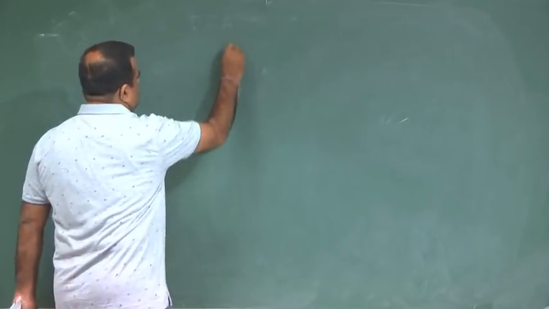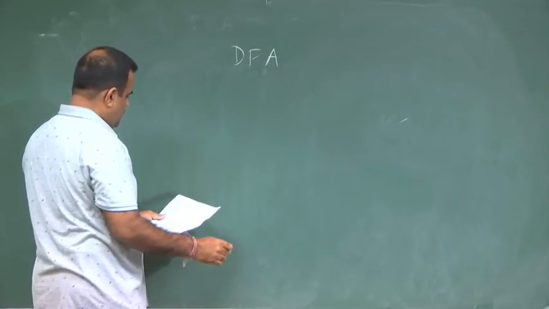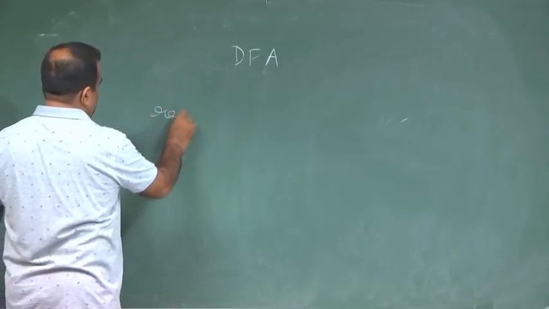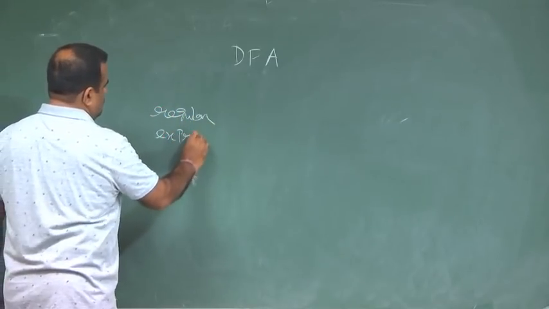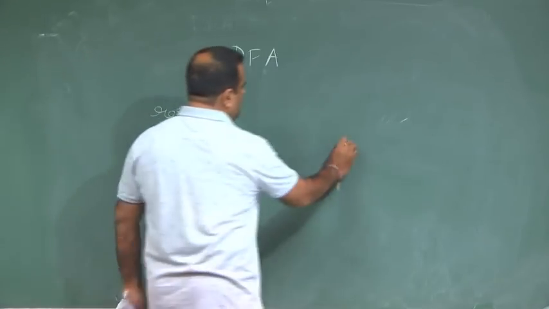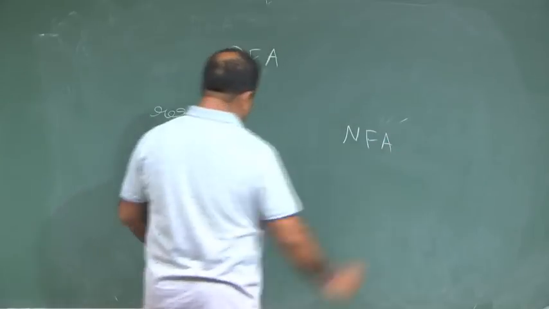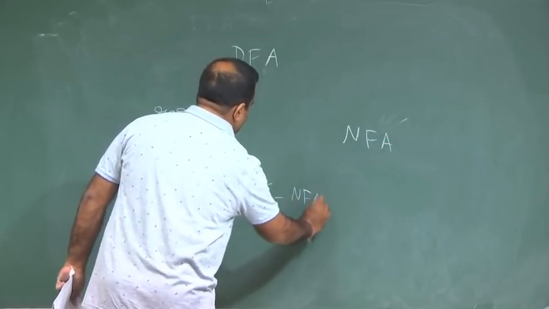So, this is DFA. From DFA, a regular expression, then NFA, and here we have epsilon NFA.